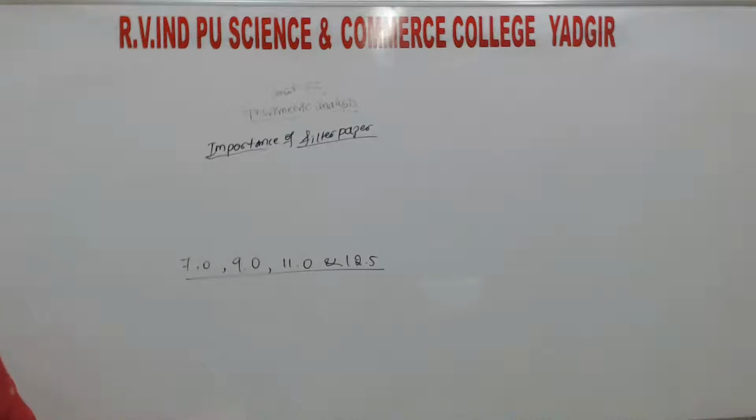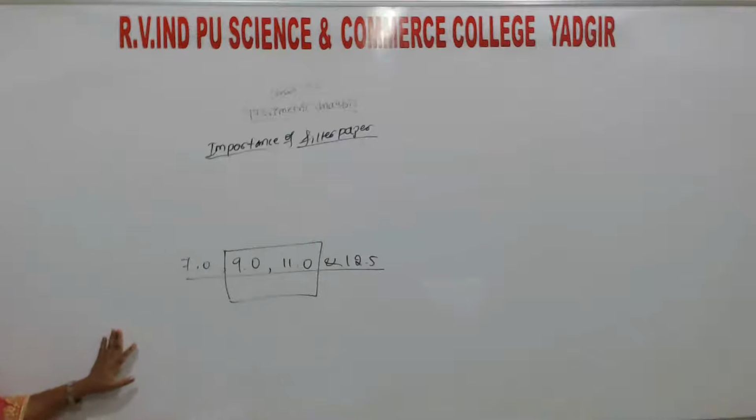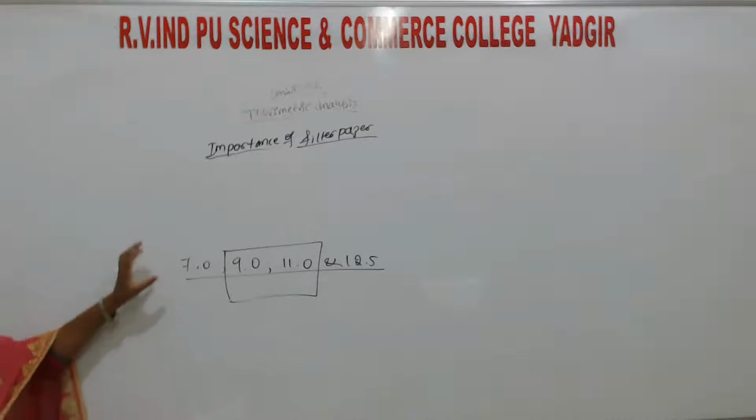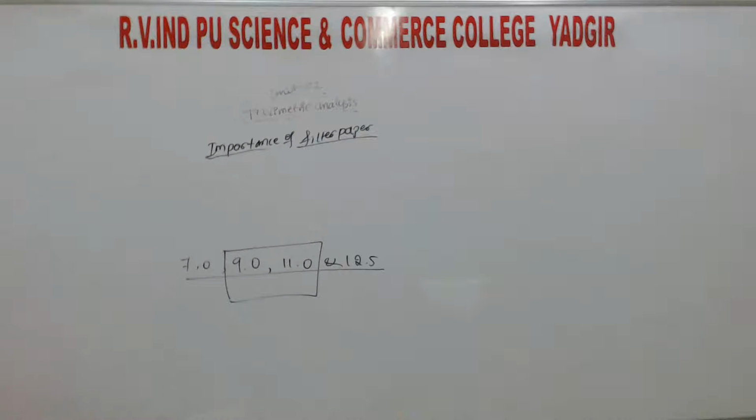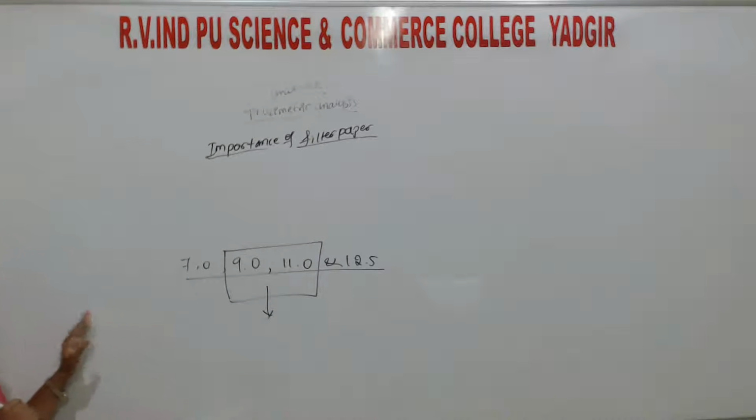Among all these sizes, the 9 and 11 centimeter filter papers are most commonly and widely used in quantitative analysis. Quantitative analysis means gravimetric analysis here.